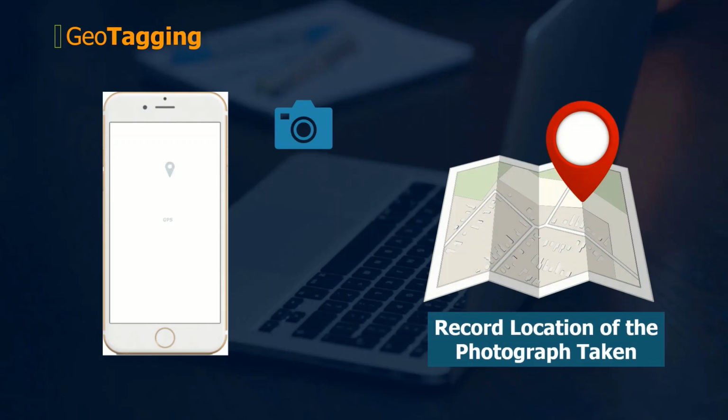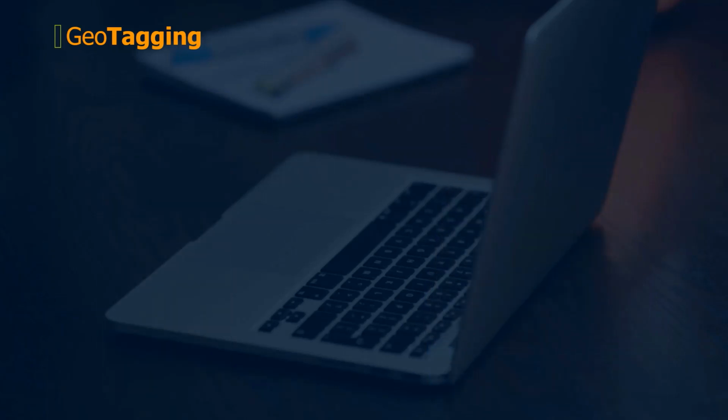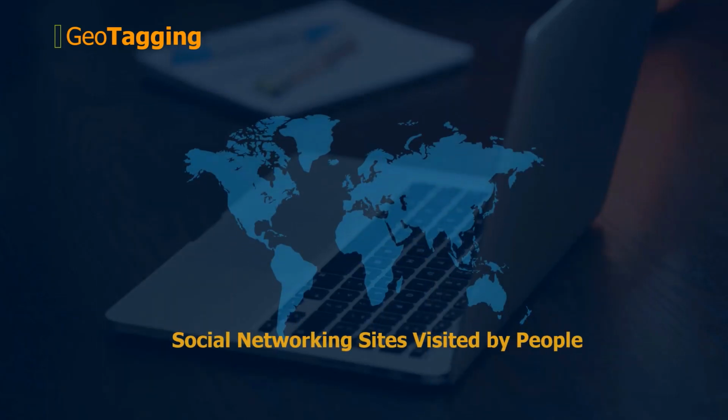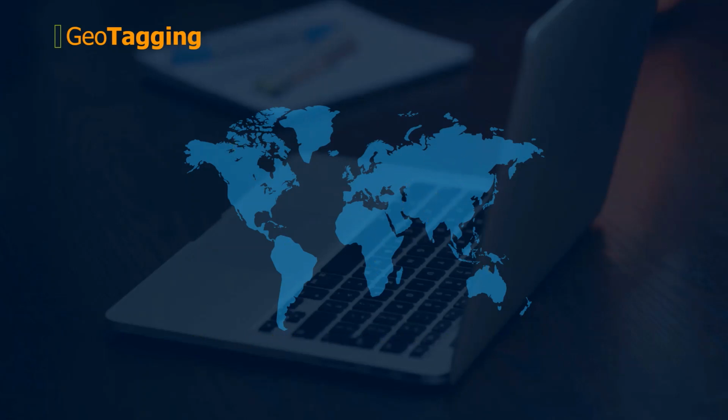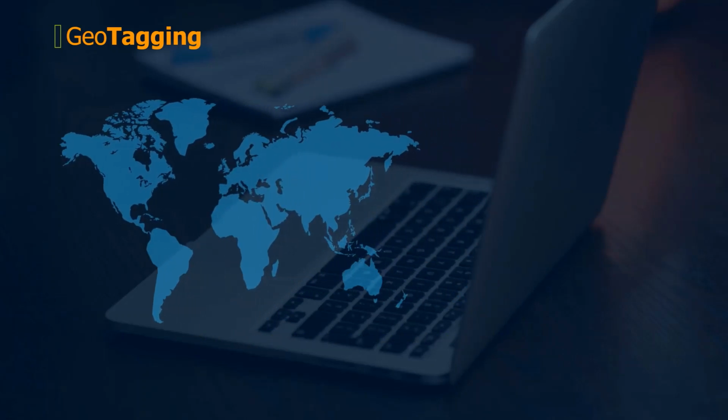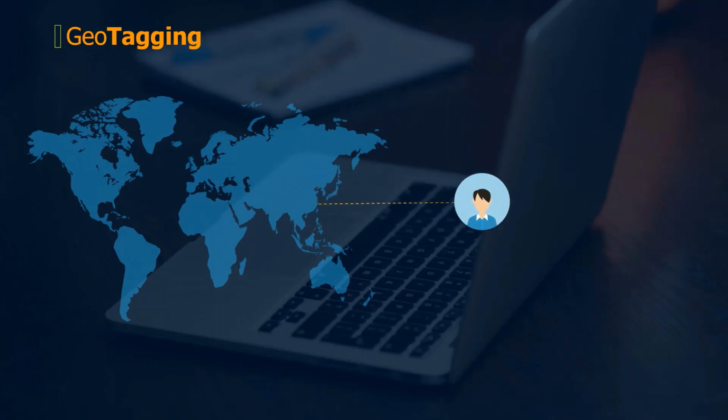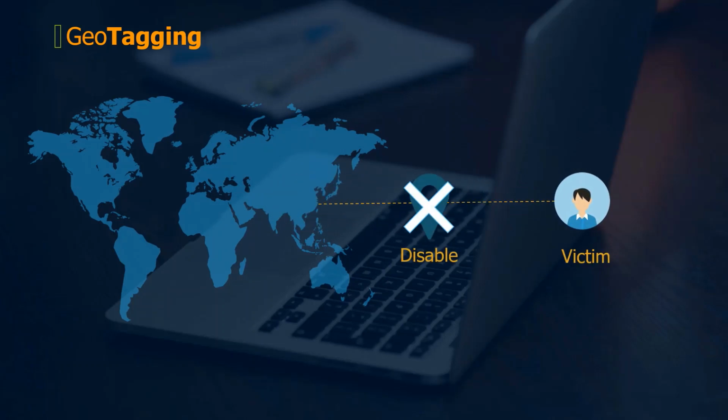Some high-end phones have an inbuilt GPS, which automatically geotags any photo taken. Social networking sites provide a complete map of the location people visit. Thus, it becomes very easy for predators to trace, track and stalk people. But, users can disable the geotagging feature on their phone and other devices.